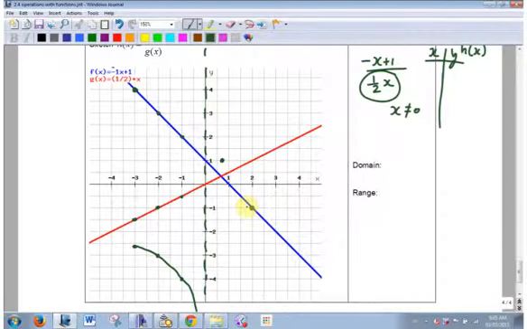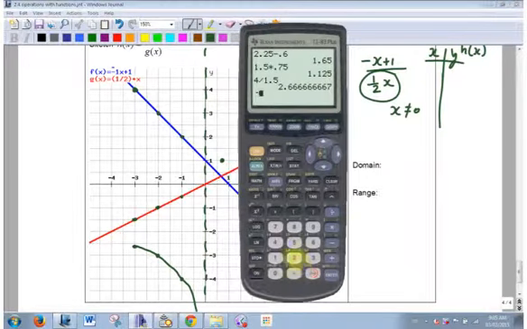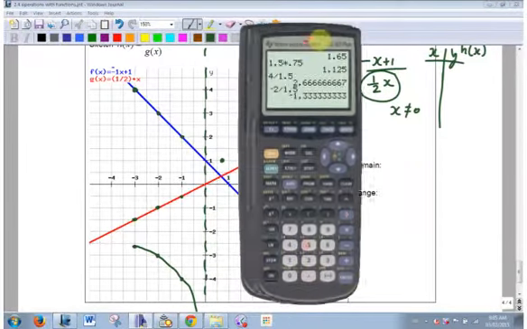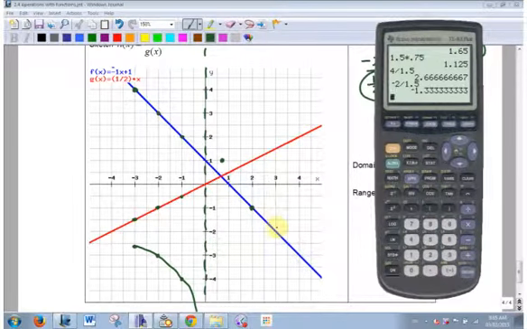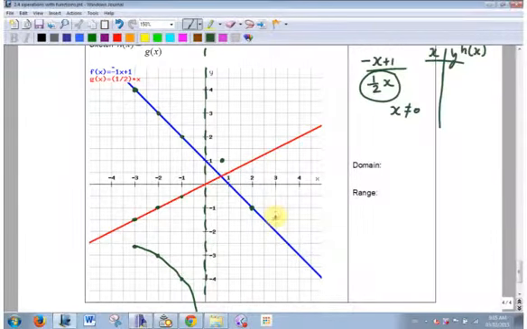Negative 1. Remember, it's the blue line divided by the red line, right? Negative 2 divided by 1.5 is negative 1 1/3. That's 1.5 there, so that's 1.3.